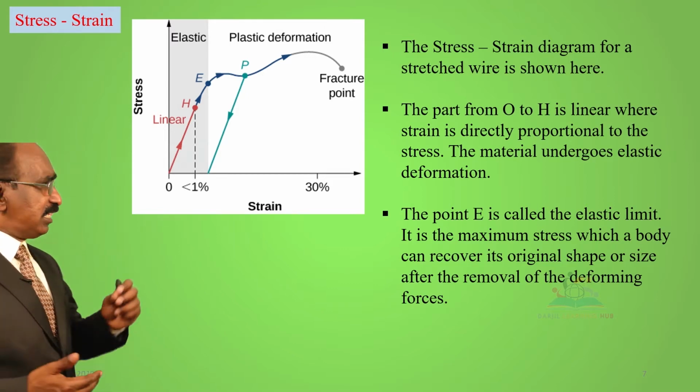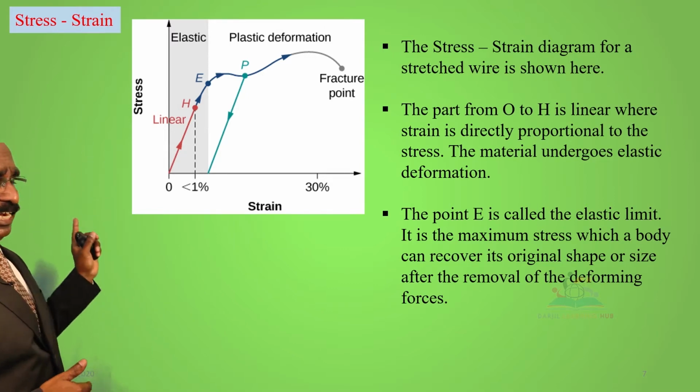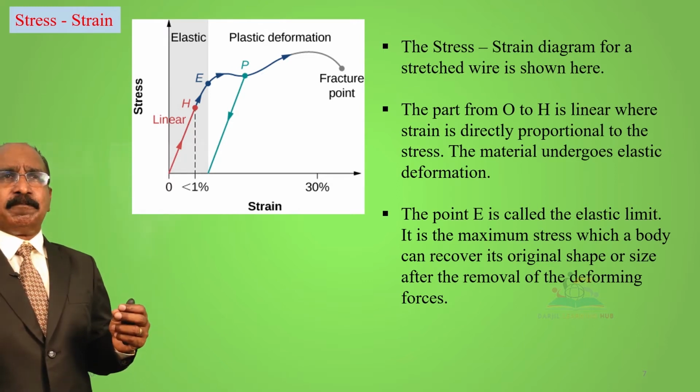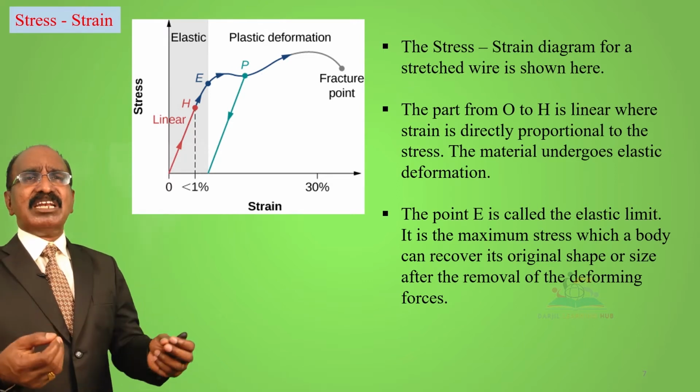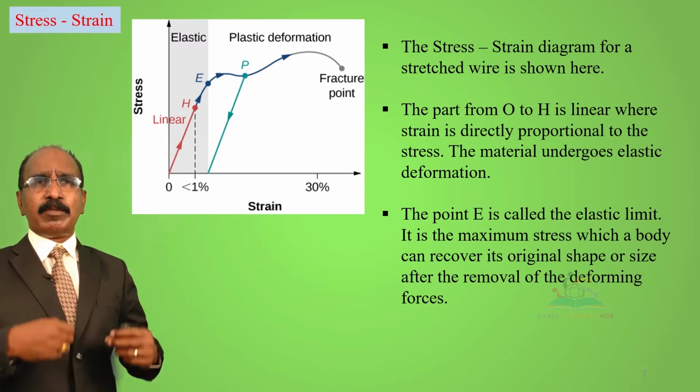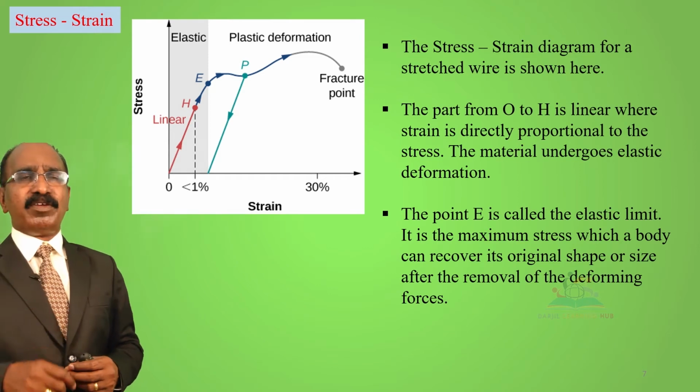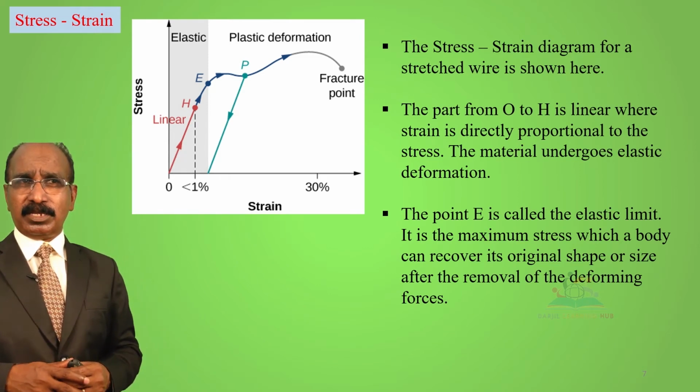After E, the curve is non-linear. So from E to P, the body will not regain its original shape or size or length after the deforming forces have been removed.